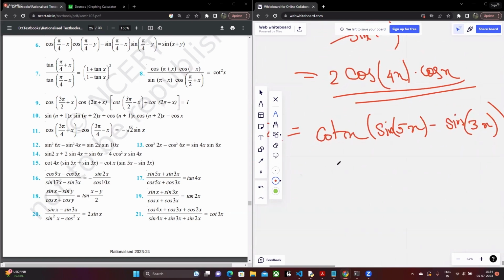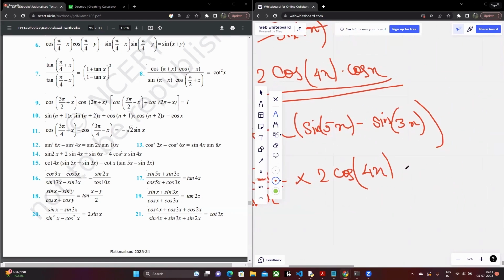Right? R is equal to cot x into sine of 5x minus sine 3x. Right? This is equal to, since this is sine a minus sine b, I'll basically substitute cot x also over here. This is going to be cos x divided by sine x into 2, this cos of a plus b by 2, cos 4x into, this is going to be sine of a minus b by 2.